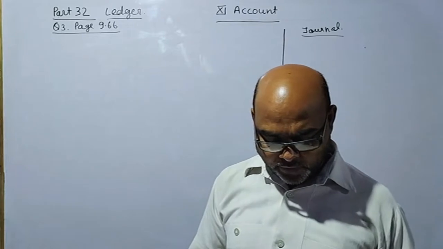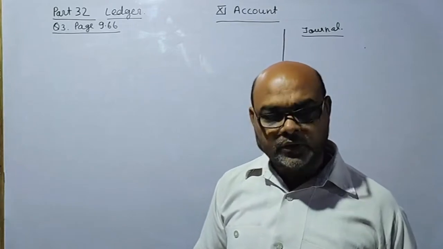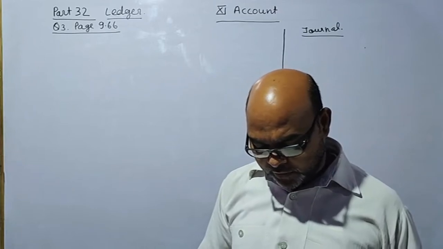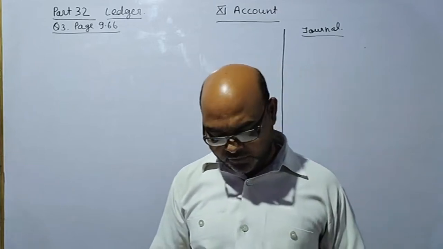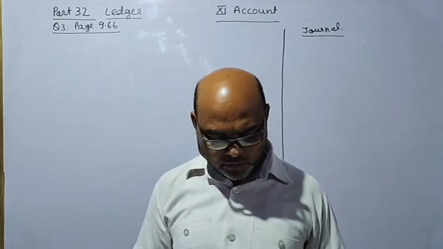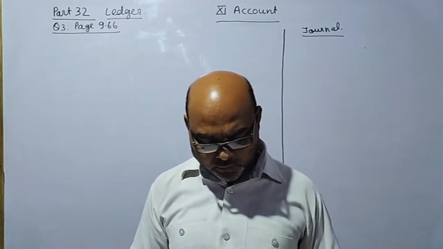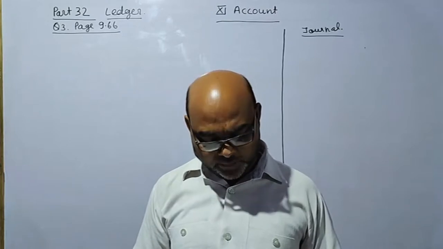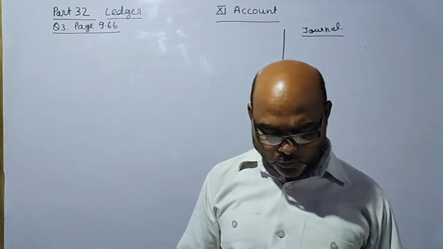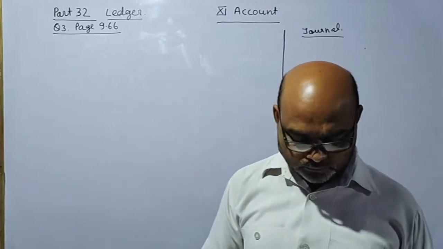Assets: cash in hand 30,000, stock 36,000, Lal Chandra 7,600, Mukesh Khanna 16,200, furniture 8,000, Ghanshyam 6,000, Vinod 8,000.